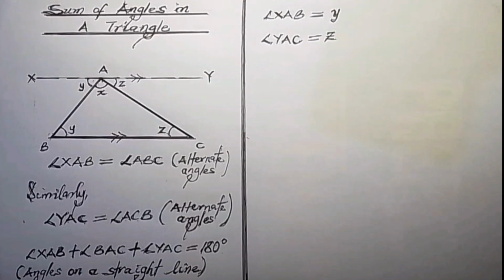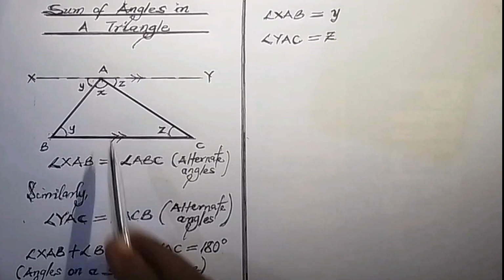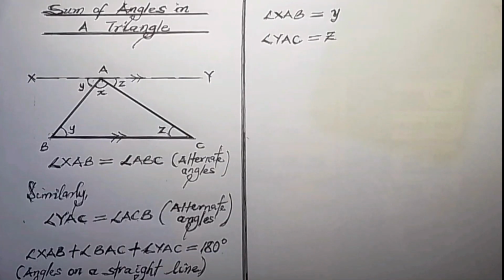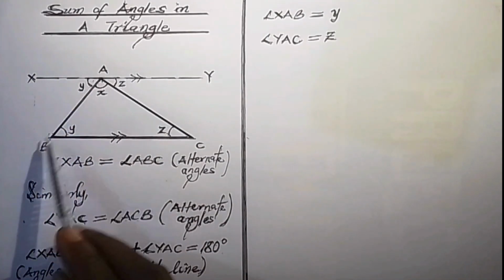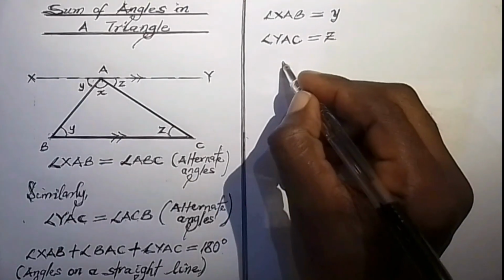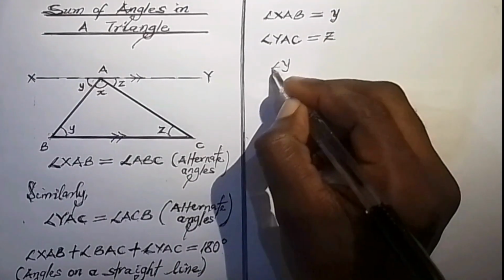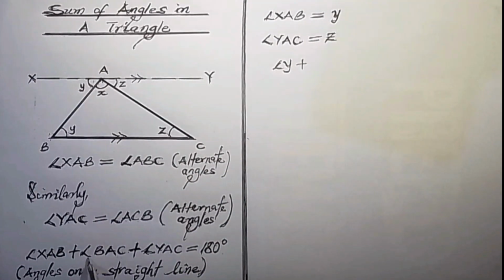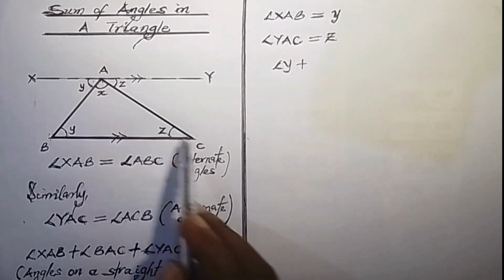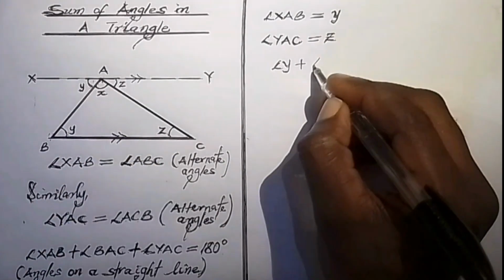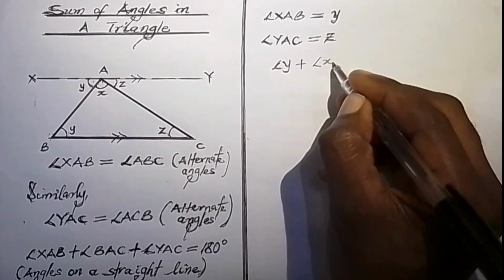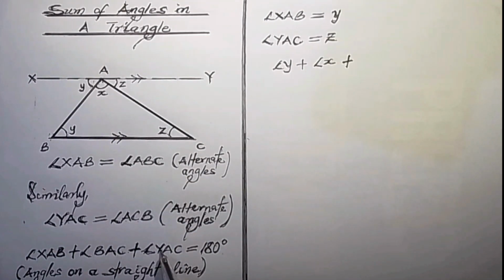It therefore means that we can rewrite this expression using X, Y, and Z. So XAB is Y, angle Y, plus angle BAC. BAC is X. So we have angle X plus angle YAC.